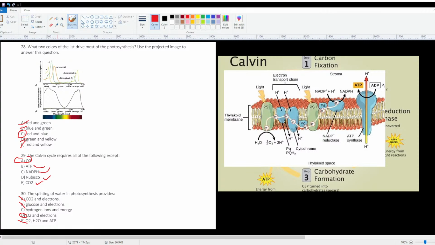In cell respiration, we're putting in oxygen and getting out water. In photosynthesis, we're putting in water and getting out oxygen. So oxygen would be a byproduct. Logically, the splitting of water would probably produce oxygen, and it does.